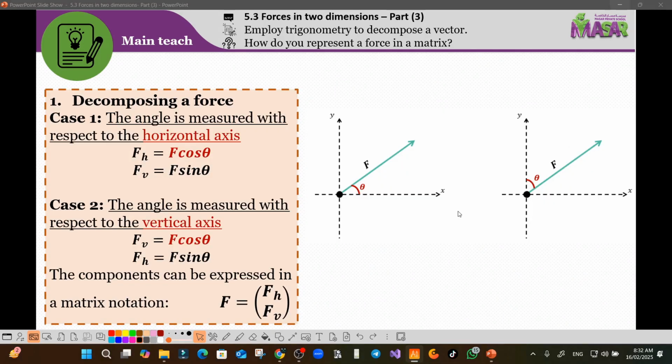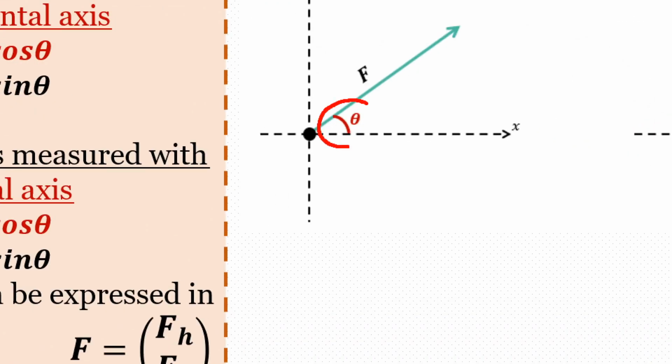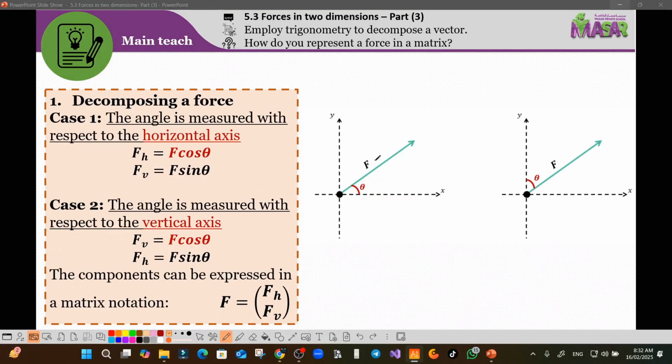Decomposing a force. Now we can notice two cases for the measured angle. The first case is the angle measured with respect to the x-axis, such that the measured angle is between the force and the x-axis. If this is the case, then we write the components as follows: F h is equal to F cosine theta, so the cosine is applied for F h, and F v is equal to F sine theta.